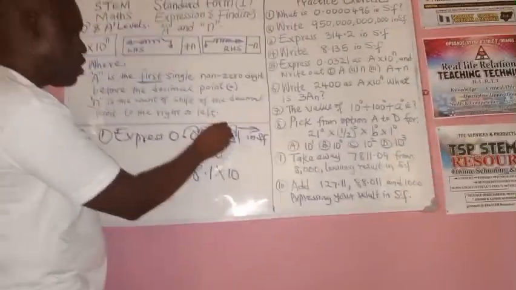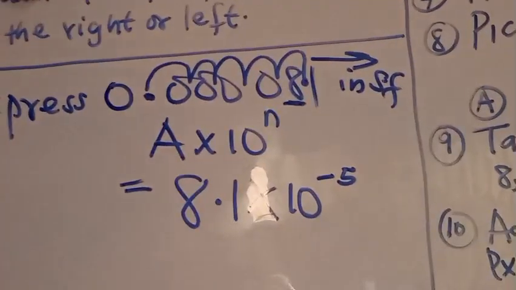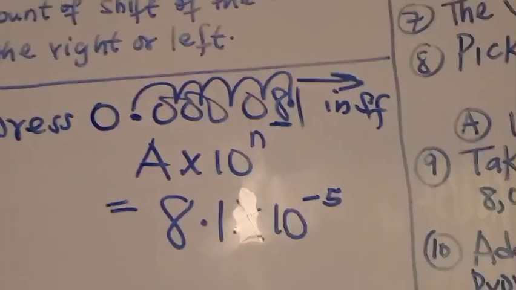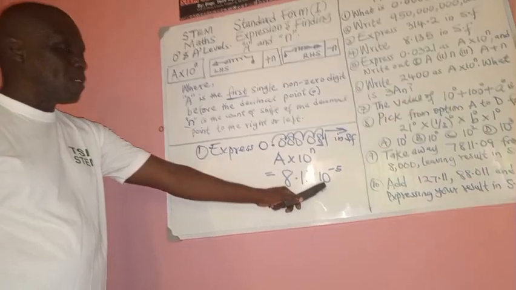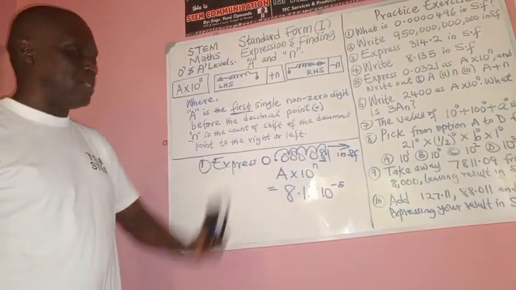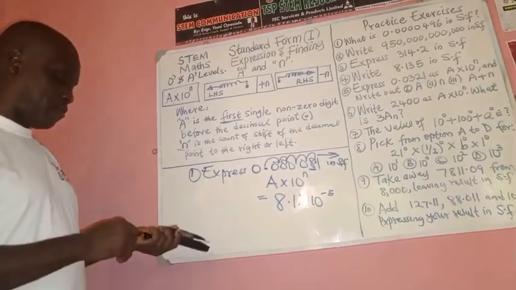Let's do it again. 1, 2, 3, 4, 5. 10 raised to the power minus 5. It is minus. The exponent is negative because I'm going towards the right hand direction. Can you see that? It means that this number now looks much simpler compared to this. That is this number in standard form.